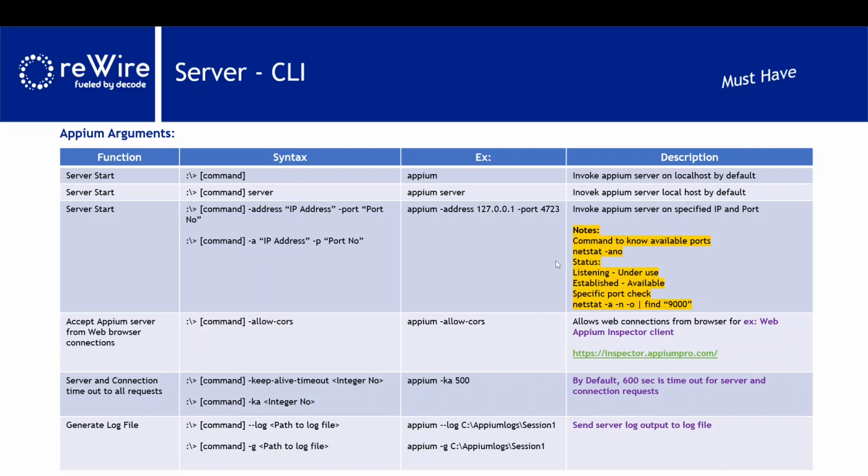Whenever you start a particular server on a particular port, whatever commands come into that port, that service will listen to and serve the user. So it's up to you which port you want to use.